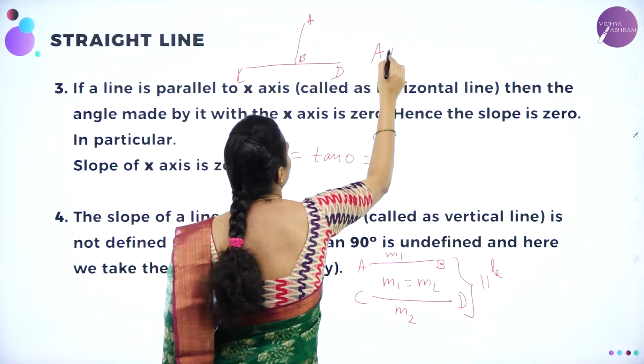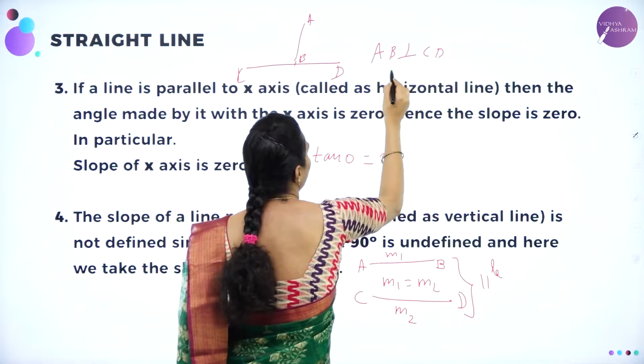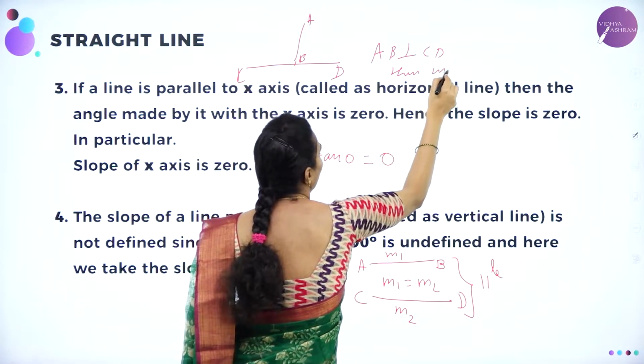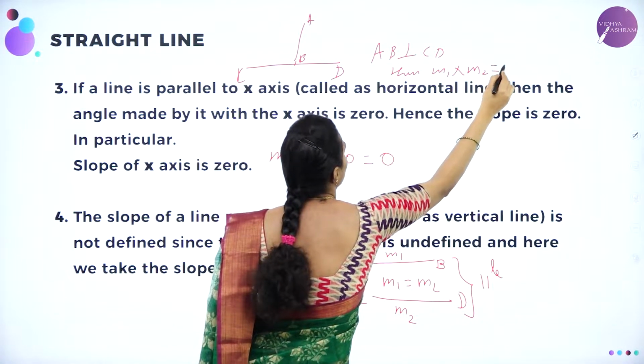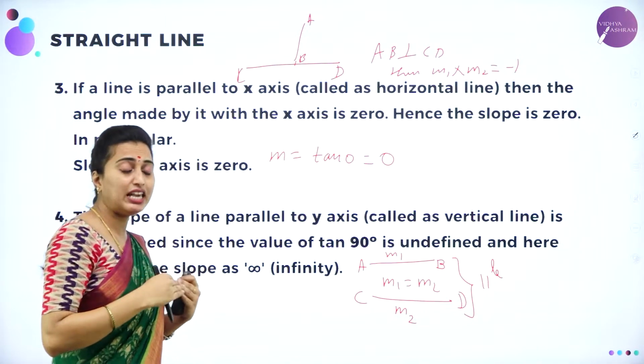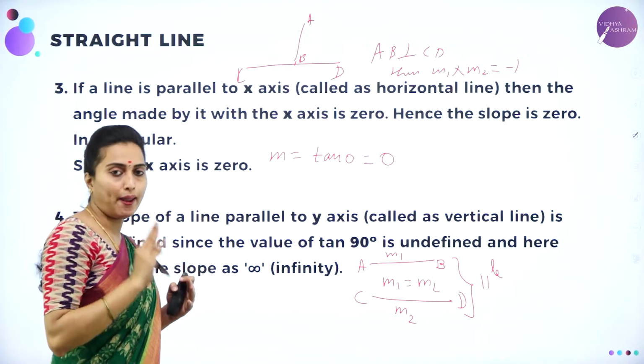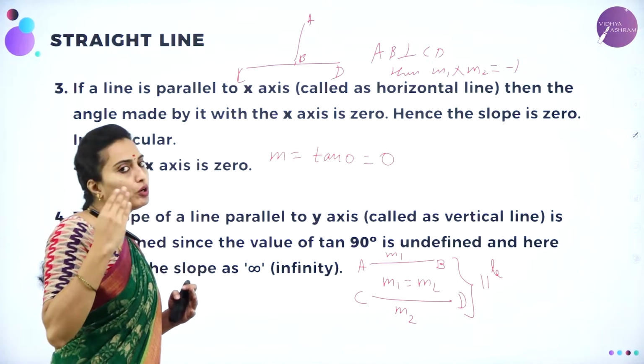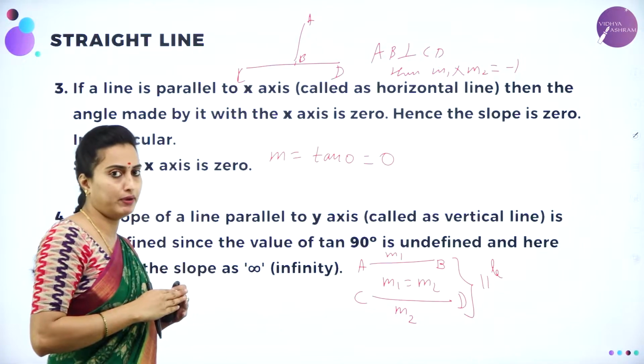If the two lines are parallel, with slopes m1 and m2, then m1 equals m2. Similarly, if AB is perpendicular to CD, then m1 into m2 is equal to -1. The product of the two slopes, slope of AB as m1 and slope of CD as m2, is -1. That is the condition for perpendicularity.